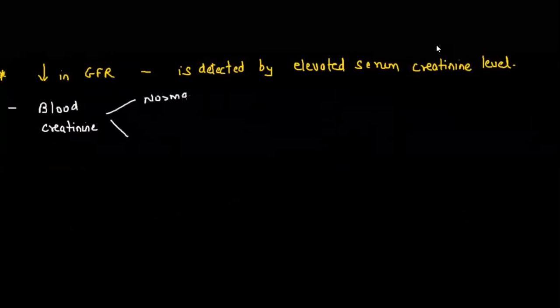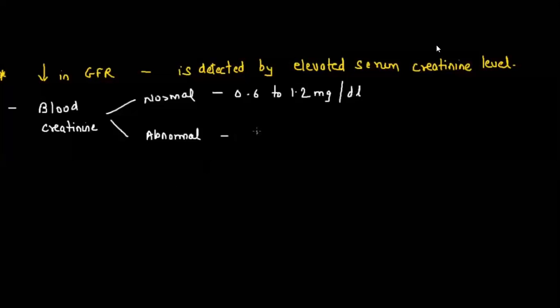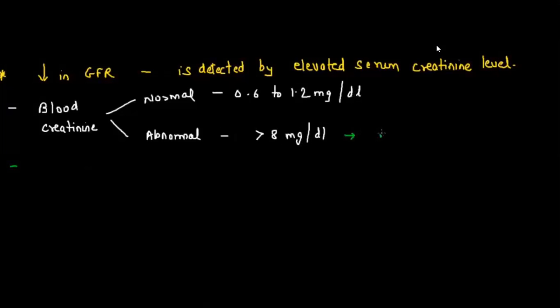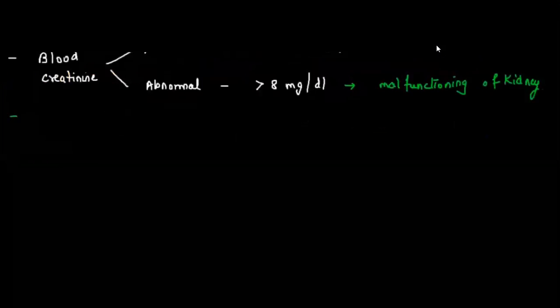So let's understand blood creatinine. The normal range of creatinine in the blood is 0.6 to 1.2 mg per deciliter. But if it becomes more than 8 mg per dl, it indicates kidney failure. Malfunctioning of kidney is one of the basic reasons why the person is suffering from kidney failure.